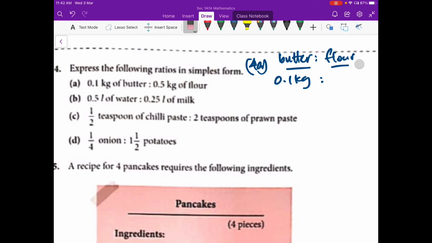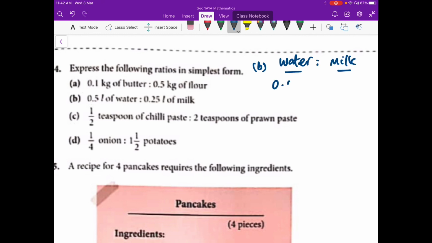Part B. We have water to milk. 0.5 liters, 0.25 liters. So this is 2 to 1. Divide by 0.25. Just use your calculator. 0.5, 0.25. 2 is to 1.